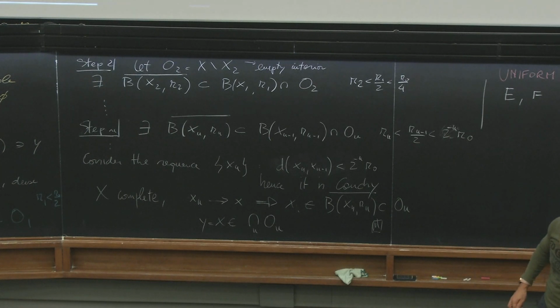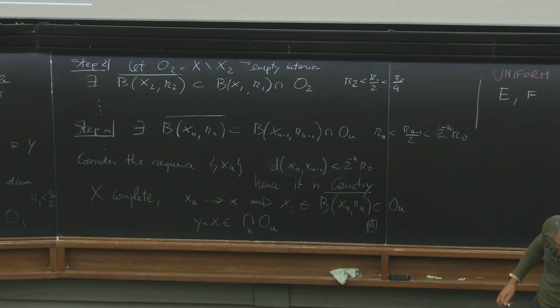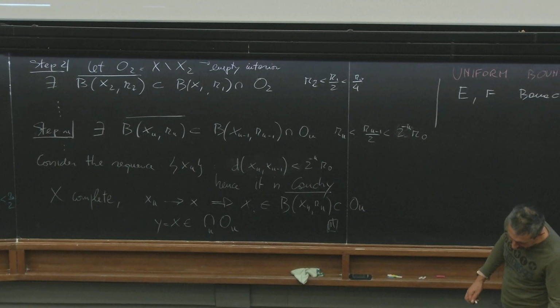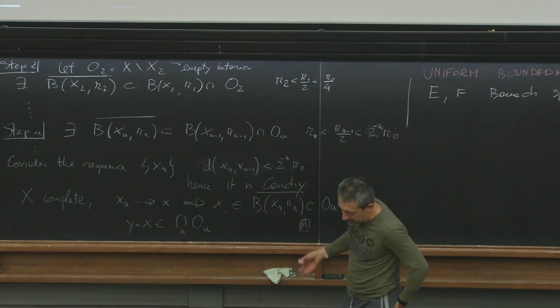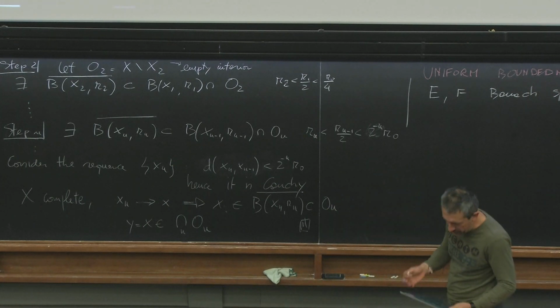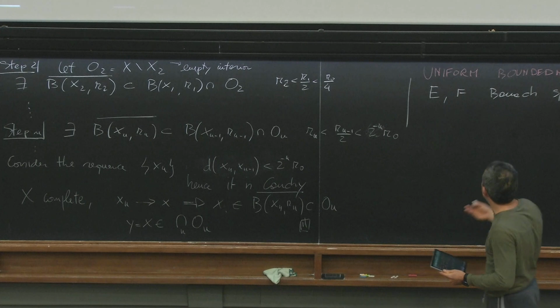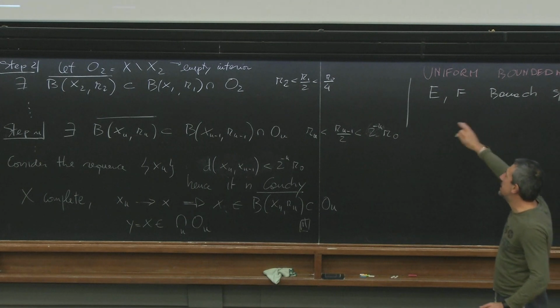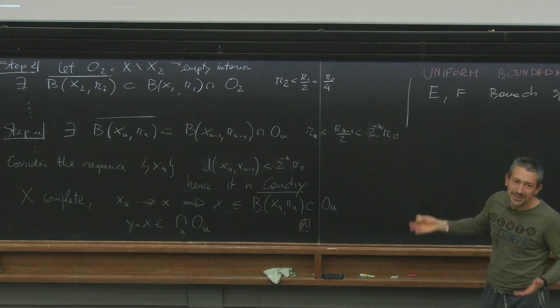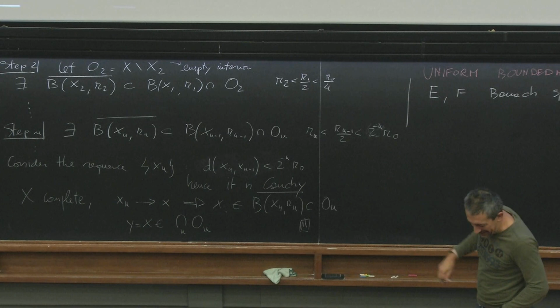In the statement, the condition is on the space X. But okay, in the statement, I take both Banach. But clearly, the condition is on the space X, so you don't need F to be Banach. In the proof, we don't need it. But okay, I think it's okay.